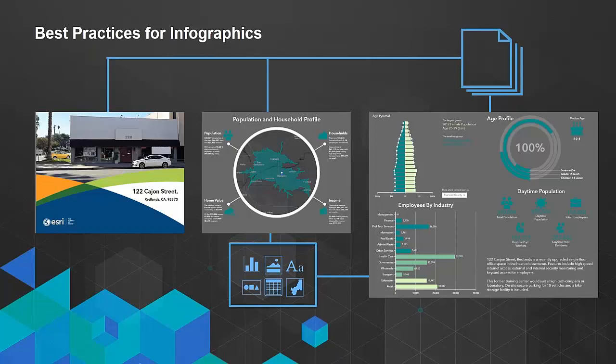I aggregate that with key facts associated with a map, which is in another page, and I wrap all this up for my site by taking a standard cover page and customizing it for the site that I want to analyze. I can then export that as a dynamic infographic, a PDF, or a set of images, and have it specific to this site. In this case, 122 Cajon Street in Redlands.